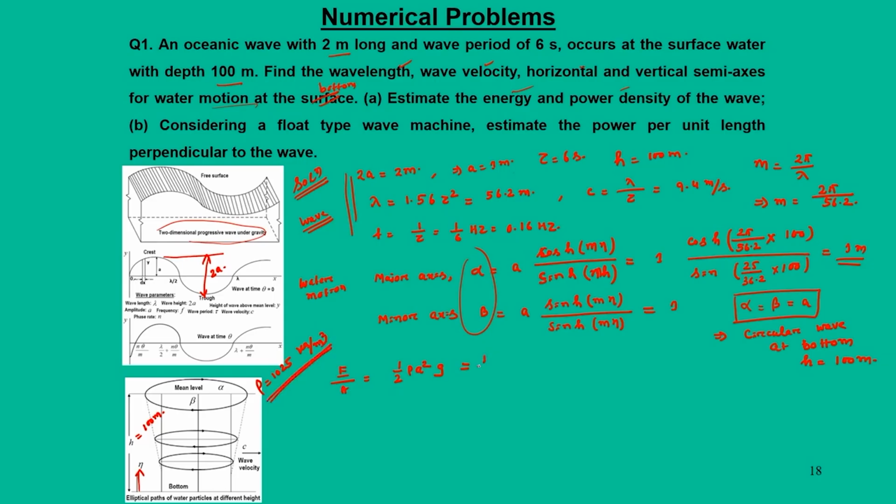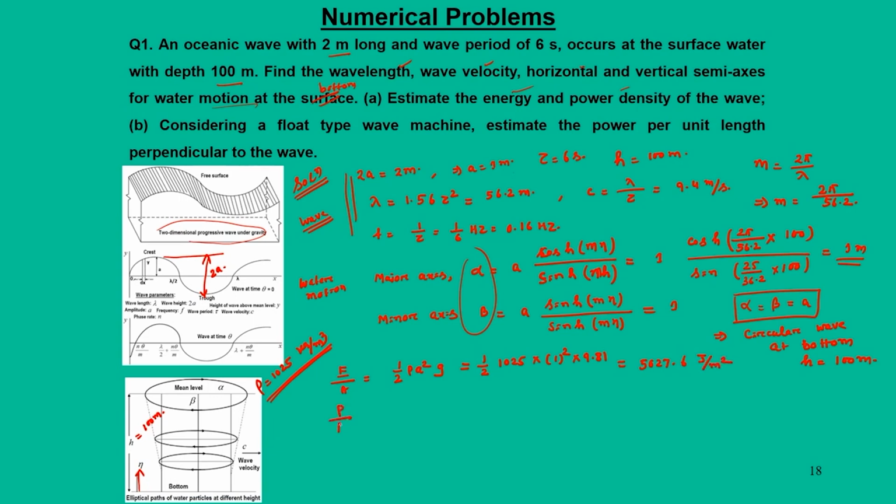Putting this number, 1025 into A square, 1 square, into 9.81. So this number is 5027.6 joule per meter square.